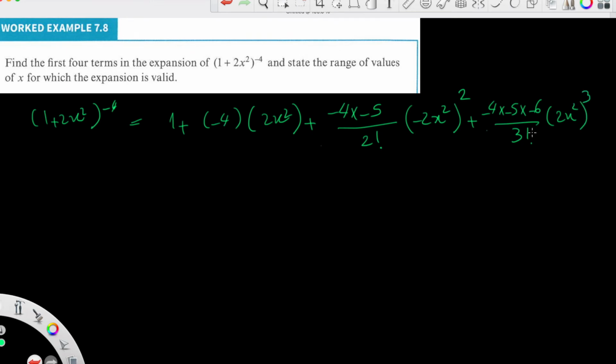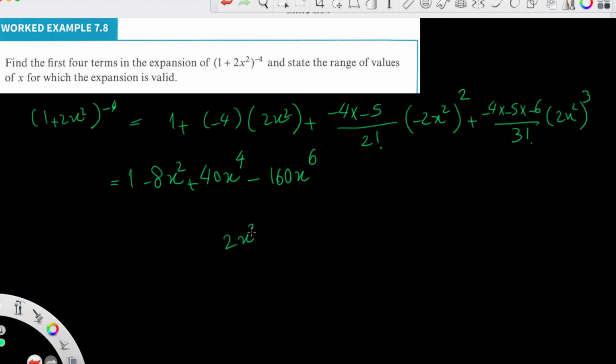So that is 1, 2, 3, 4 terms, which simplifies to 1 minus 8x squared, then plus 40x to the power of 4, and minus 160x to the power of 6. It says state the range of values for which this expansion is valid.